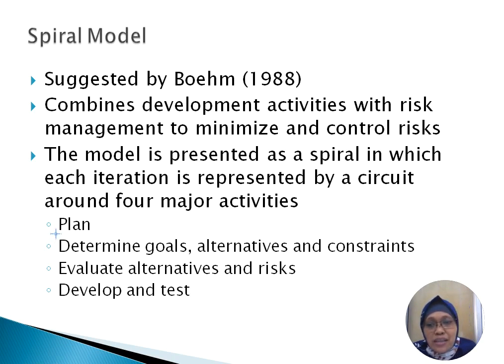The first is planning, like requirement analysis and determining goals, and evaluating alternatives. And the last is develop and test. So it omits the implementation, but we also need testing, like usability testing, in this process.